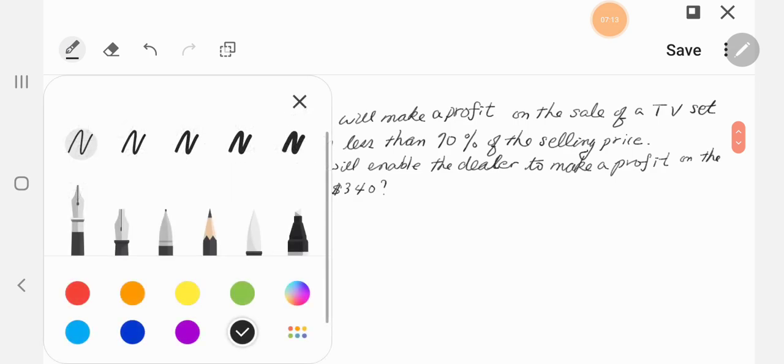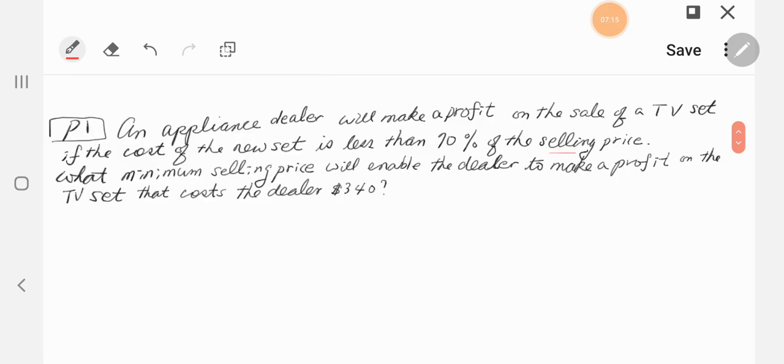I don't know what the selling price is. Let's say the selling price is S dollars. Let's say the cost is C dollars. So the cost must be less than 70% of the selling price.